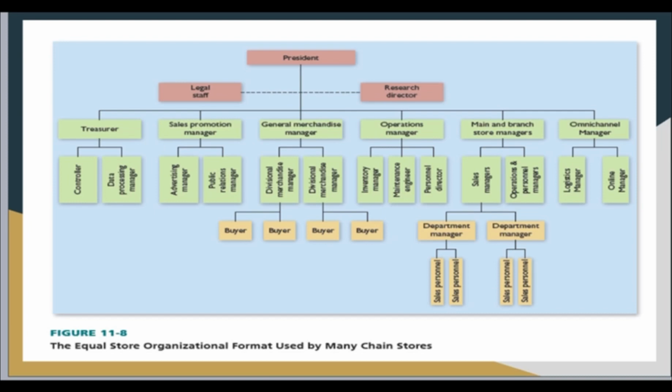Under the head there can be a treasurer, sales promotion manager, general merchandise manager, operations manager, branch store manager, and omni channel manager, and based on the function they perform, the items are again classified. This figure shows how chain stores typically perform their work, or how the equal store organization really works.